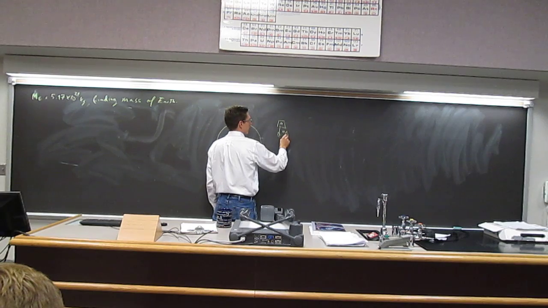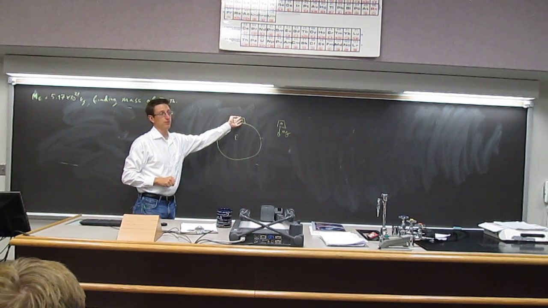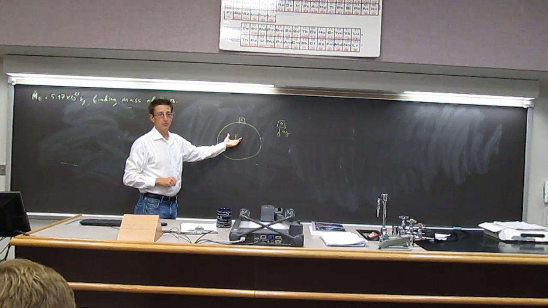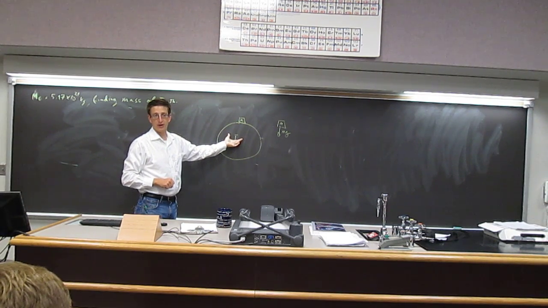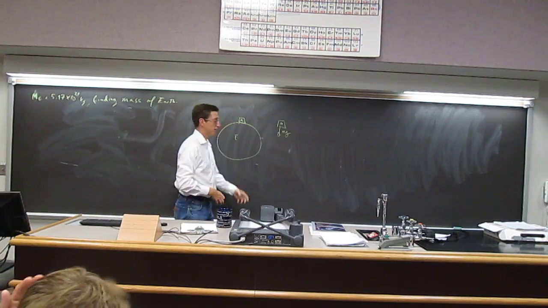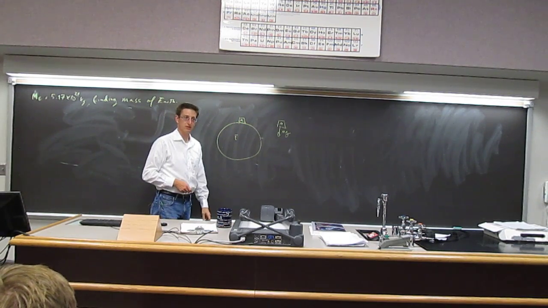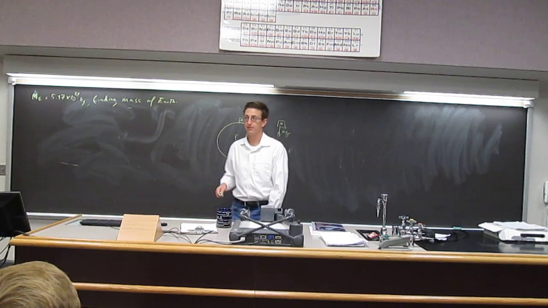Well, this can be thought of also as the gravitational attraction between two masses, right? So this mg has to also be the universal law of gravitation force between two masses.